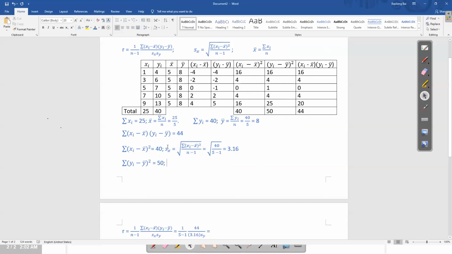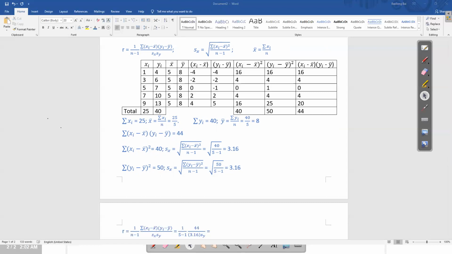Then we can calculate standard deviation of y very similarly with how we calculate standard deviation of x. All we need to do is just change the corresponding part from x into y, right? So then the summation of yi minus y bar square equal to 50, we just found out. So now it's 5 minus 1, right? And it's 5 again.